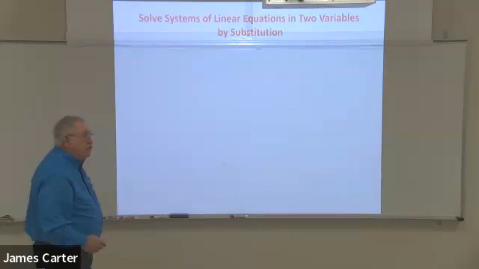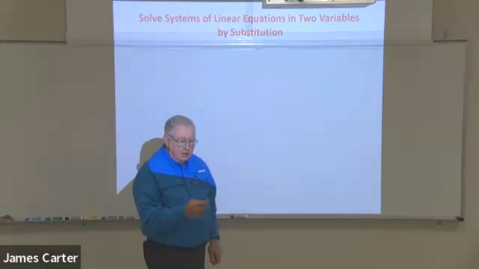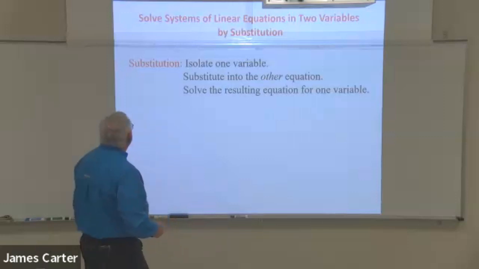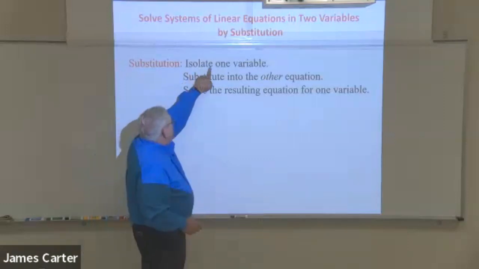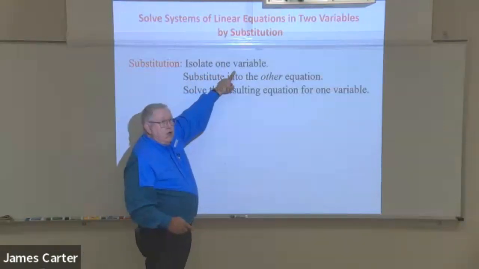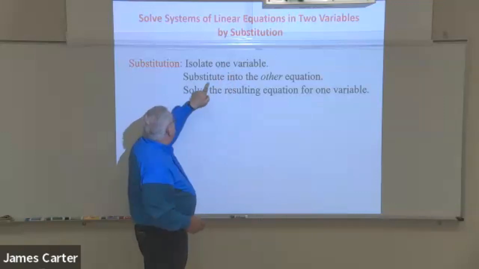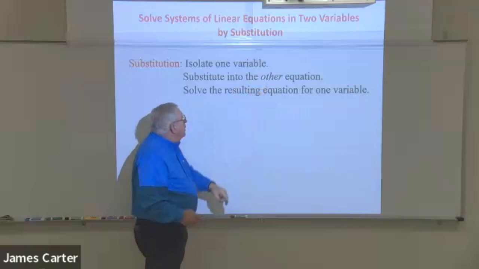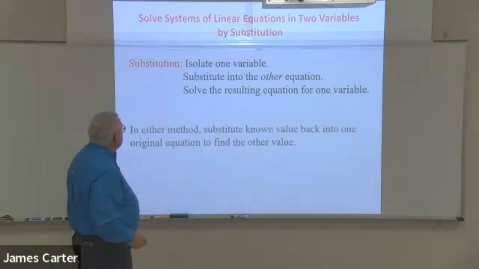Okay, now we're going to move to the substitution method. In the substitution method, we isolate one variable in one of the 2 equations. Then we use it as a substitution value into the other equation.